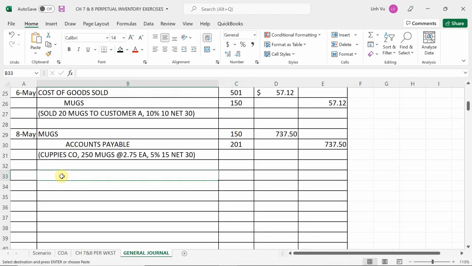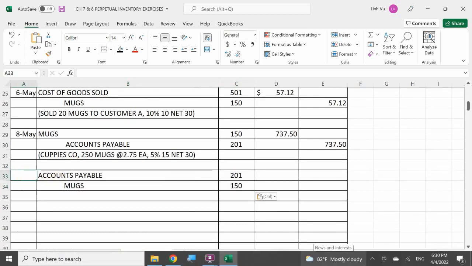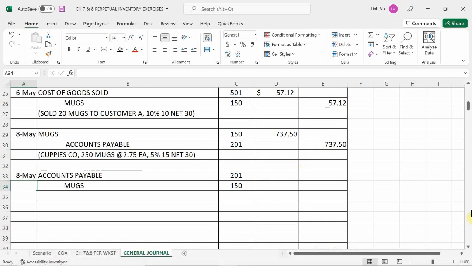So that's exactly what I need to do. I need to journalize that I'm going to be getting a refund, which is going to decrease my accounts payable because I never paid. And it's going to be taking it out from my inventory directly for $20.63.